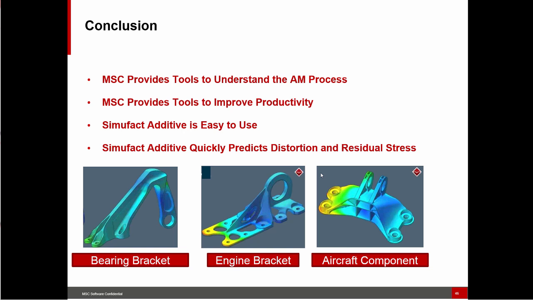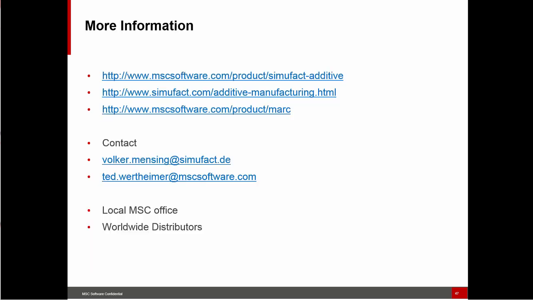It can be used to help you compensate your design to get your final net shape process, and it will help you reduce your trial and error process that is time-consuming and costs money.